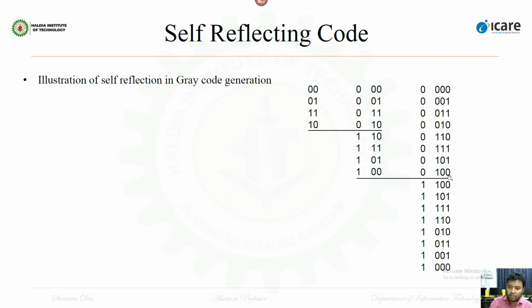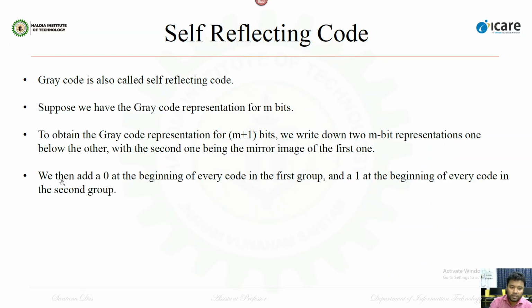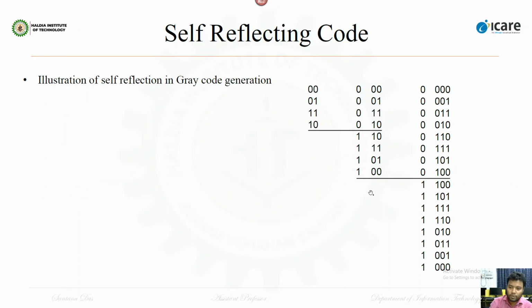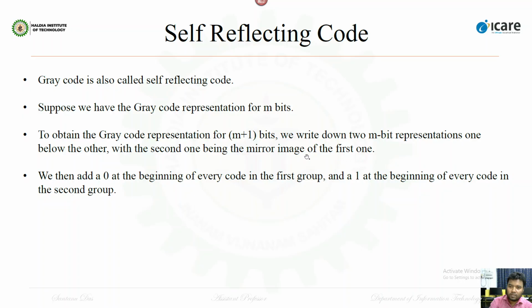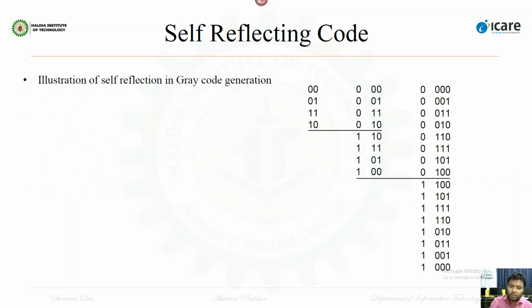So this part is just mirrored here. And in our second point, we then add a 0 at the beginning for the first group and 1 for the second group. Here we assign the 0 for the first group and 1 for the second group, and you get a 4-bit gray code. So this is the self-reflecting property, and gray code holds that property. That's why gray code is called the self-reflecting code.